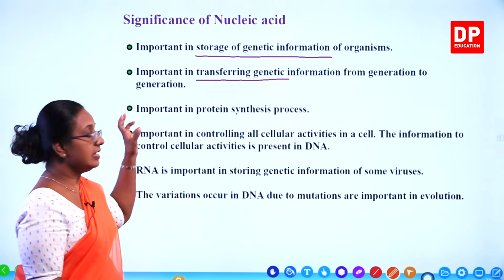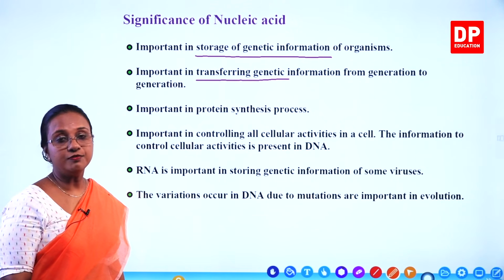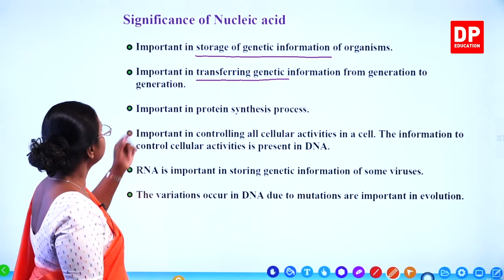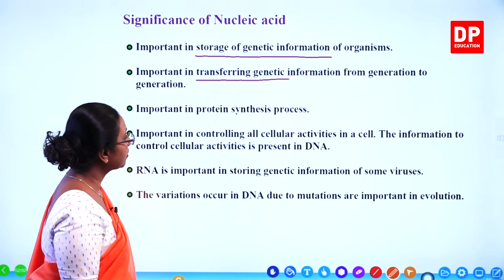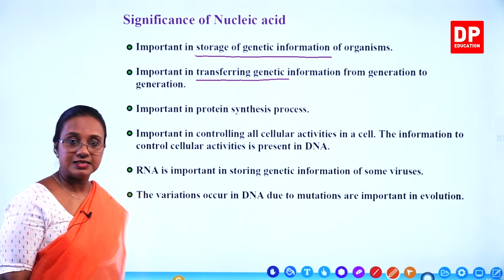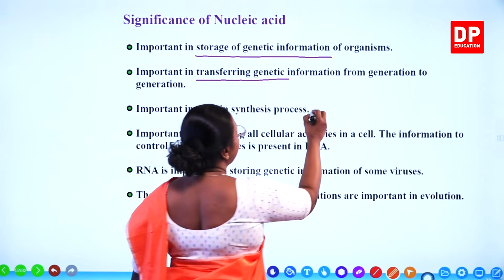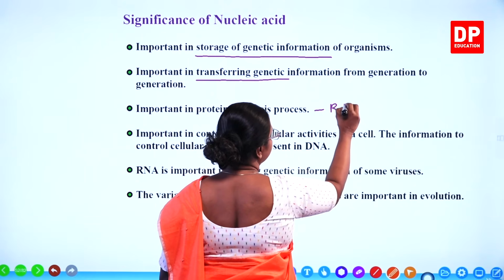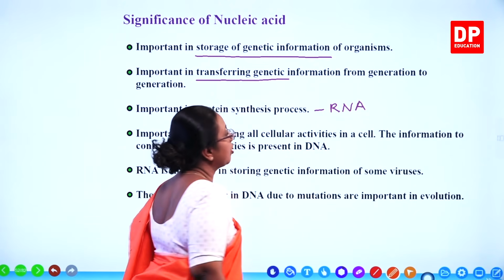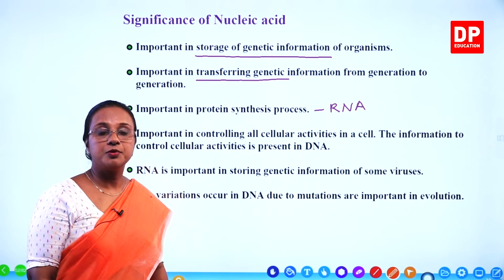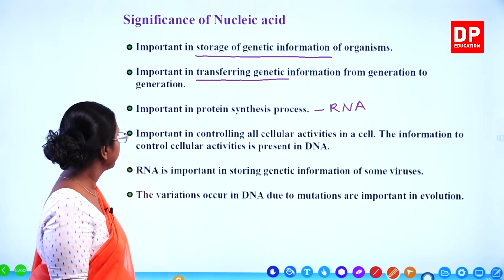So DNA is the main molecule for that process. As you can see, it is also important in protein synthesis. That is the RNA molecule. Only the RNA molecule is involved in protein synthesis.